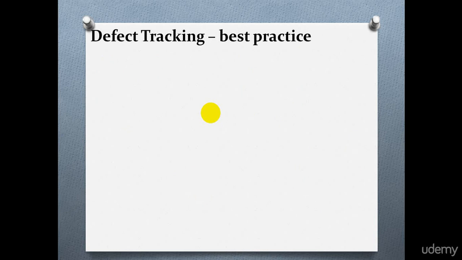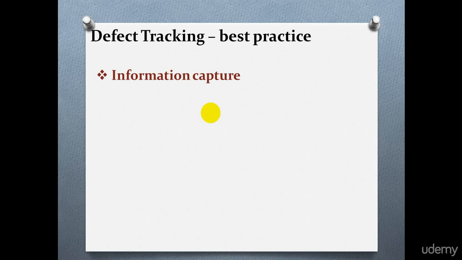Defect tracking best practices. Defect tracking is an important process in the software development life cycle. Defect tracking can be tedious, yet comparing tracked defects can also help testers improve their work. The below given things need to be kept in mind while reporting your defects. Information capture.